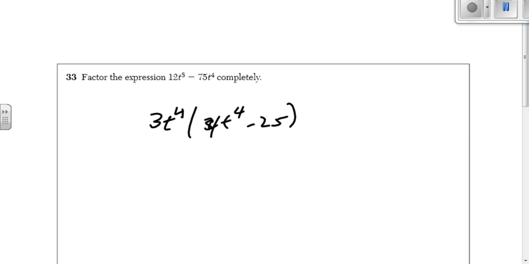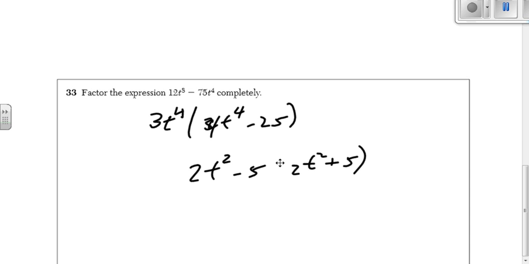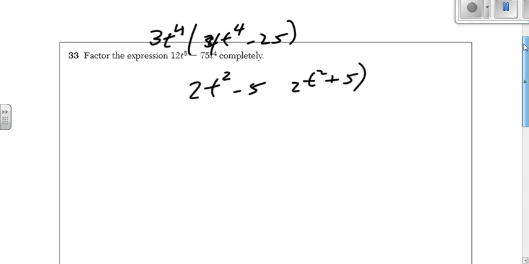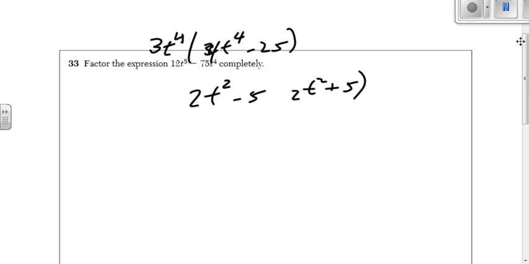Like difference of perfect squares, so that's 2t squared minus 5, 2t squared plus 5. And we bring down that 3t to the 4th. Good.